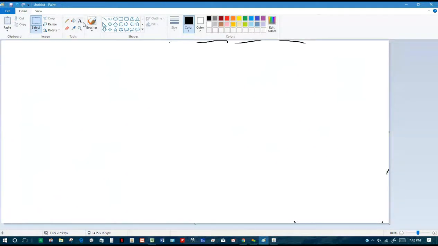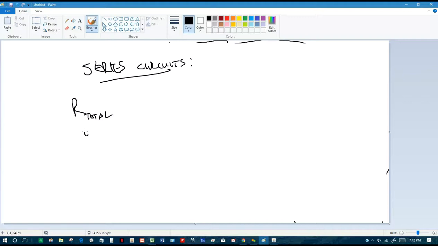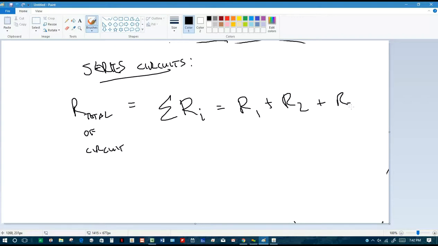And so what we found is a rule, and it applies to series circuits: the total resistance of the circuit is equal to the sum of all of the resistors. So what that means is it's equal to R1 plus R2 plus R3 plus however many resistors you have.